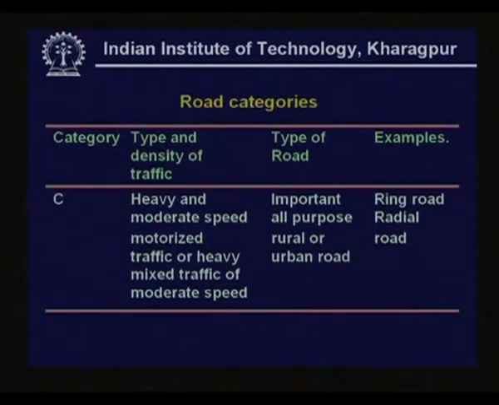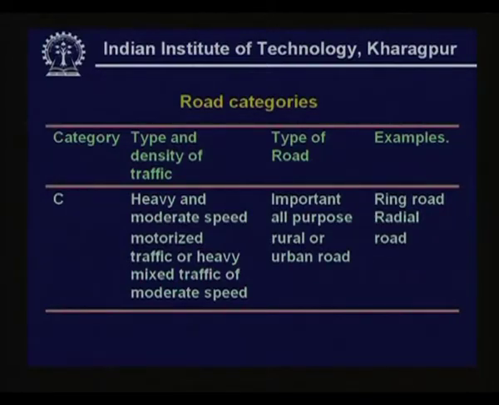Then we have a composite category, C, where you have moderate speed traffic and mixed traffic of moderate speed, that is, all categories.